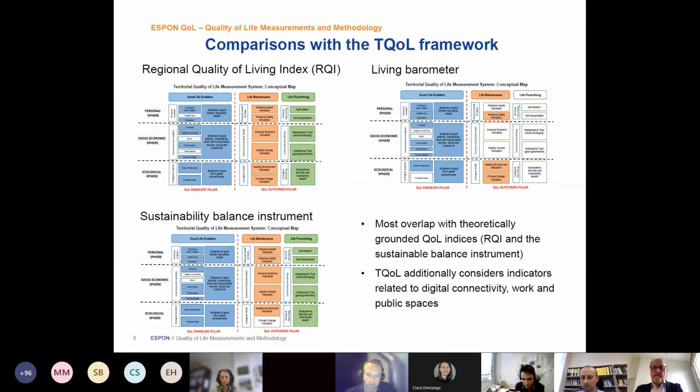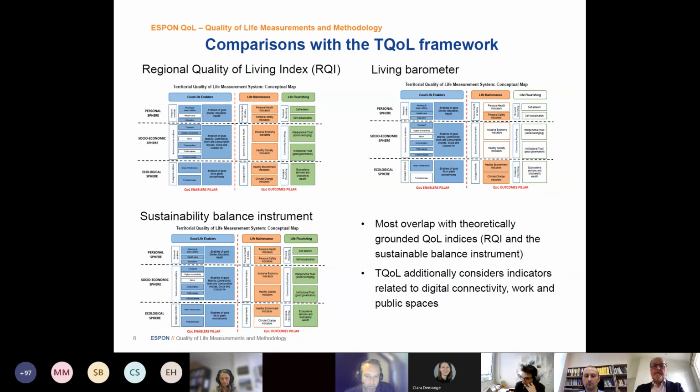And that also means that it puts pressure on the data availability, because, especially related to the life flourishing dimension, you want to have indicators that adequately represent that dimension, and it's quite difficult to find data related to it. So there you see the trade-off between data availability and the theoretical support behind the measurement.